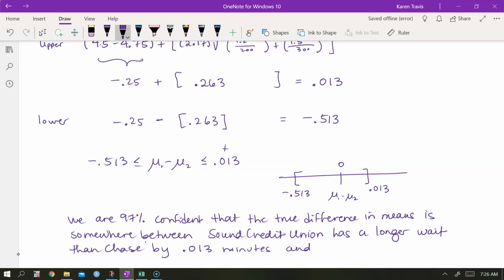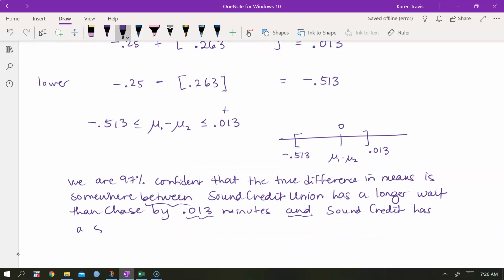And, because it's between this amount and Sound Credit Union has a shorter wait time than Chase. When is it shorter?